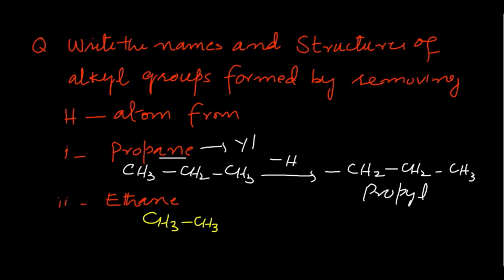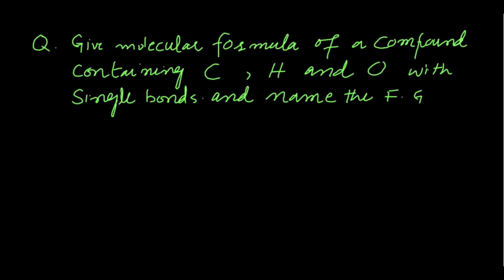Now if we remove one hydrogen from ethane, after the loss of one hydrogen, one vacancy of carbon becomes vacant, and ethane changes to ethyl. What is the name of this radical, students? This is ethyl radical. Propane changes to propyl, while ethane changes to ethyl radical. I hope this is clear to you, students.